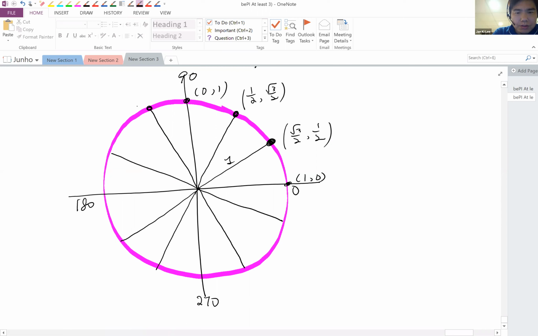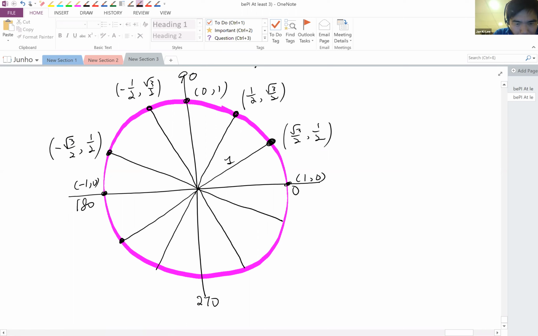And this point negative 1/2, square root of 3/2. So this becomes negative root 3/2 and 1/2. And this point negative 1, 0.